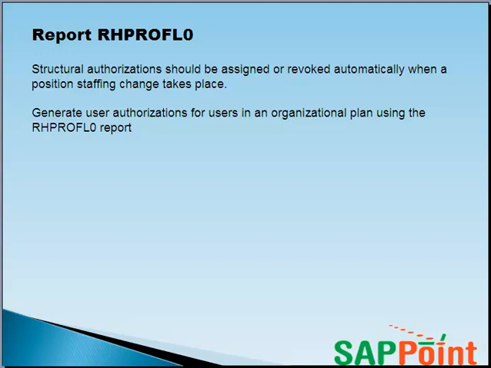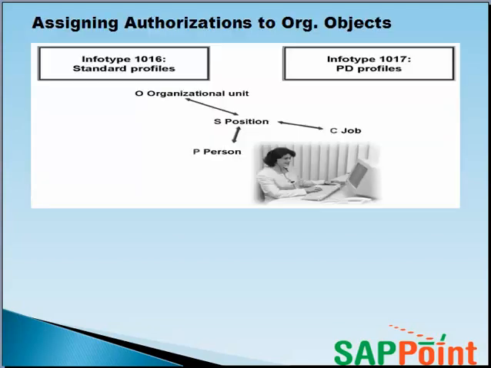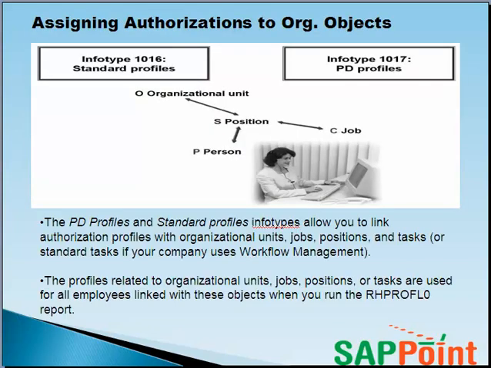You could also use it to generate user authorizations for users in an organization plan with this program. Now, the PD profiles and the standard profiles can be assigned to the users via their org units or jobs or positions or tasks. That would be an indirect assignment.